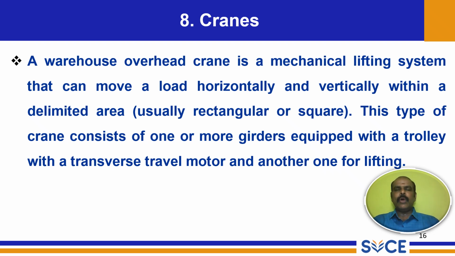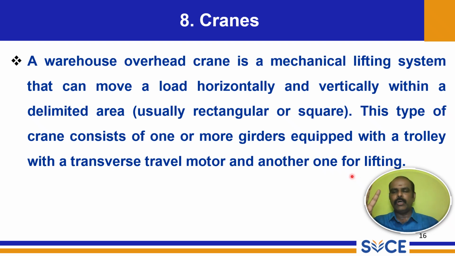A warehouse overhead crane is a mechanical lifting system that can move a load horizontally and vertically within a delimited area, usually rectangular or square. That's what I told you. It is Cartesian coordinates, gantry type. This type of crane consists of one or more girders equipped with a trolley with a traverse travel motor and another one for lifting.